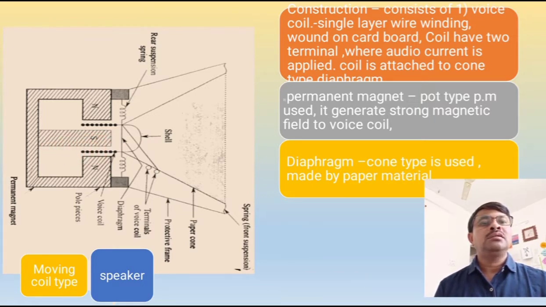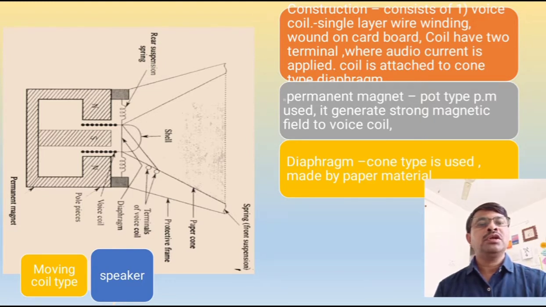Single layer wire wound on a cup or former forms a voice coil. The coil has two terminals where audio current is applied to the coil, and the coil is attached to the cone type diaphragm. So it is also called a moving coil cone type diaphragm.